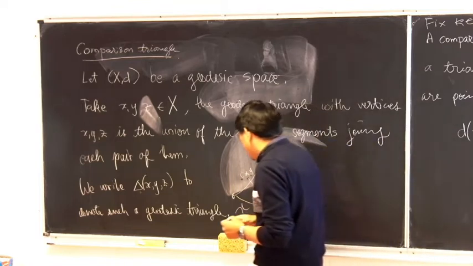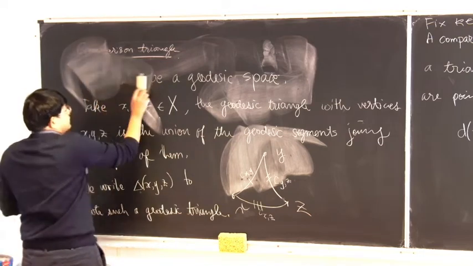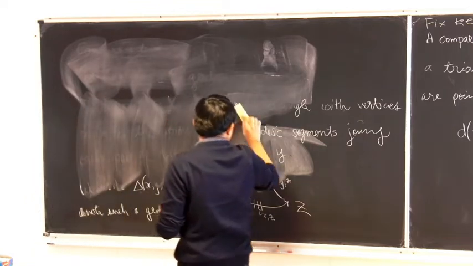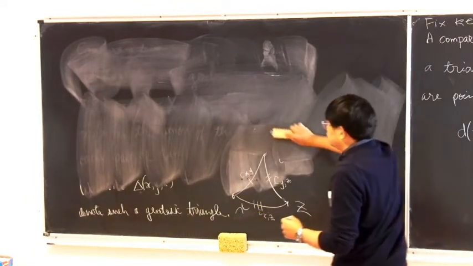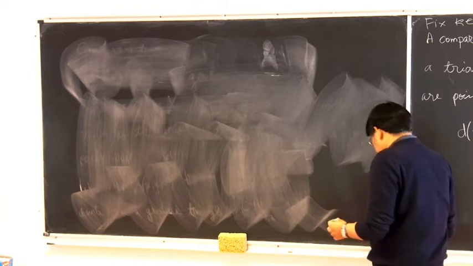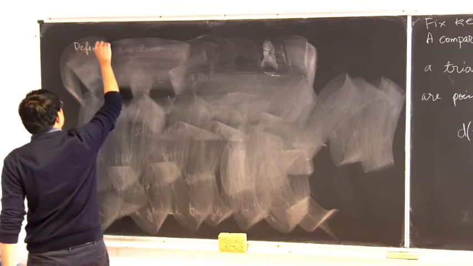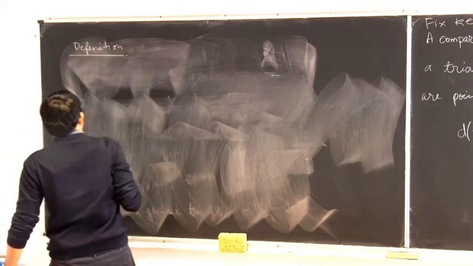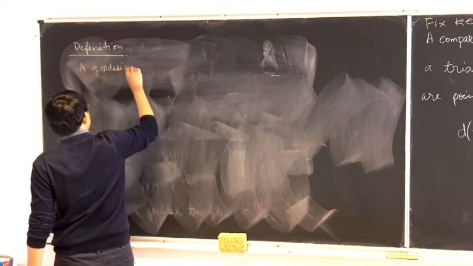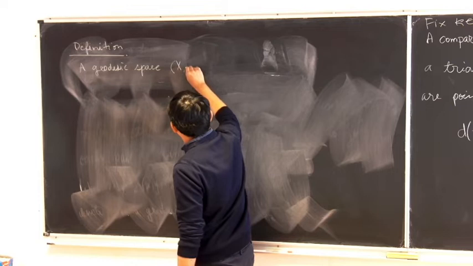Now comes the definition of an Alexandrov space. So we have a geodesic space (X, d).